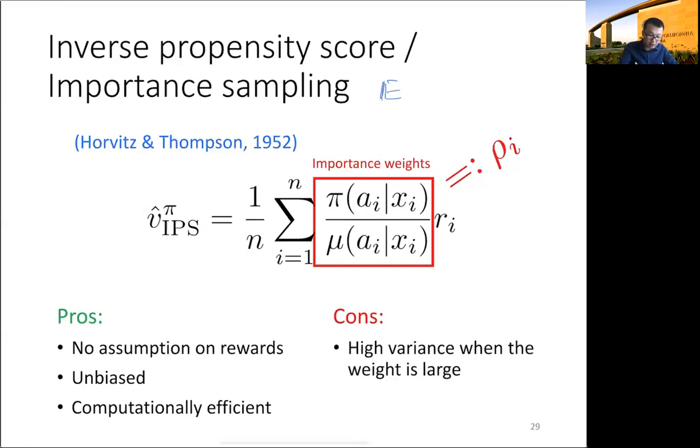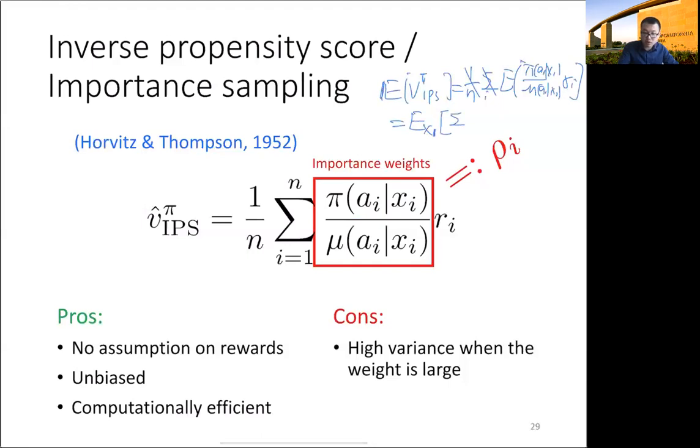So the expectation of V pi IPS is equal to, since everything is IID, I can push the expectation inside the summation, R_i, and by the law of total expectation, I can first condition on x1, right? Since i is IID, these two get canceled out. I can condition on x1 and then consider the expectation under the conditional probability distribution.